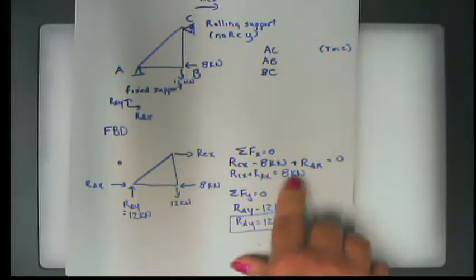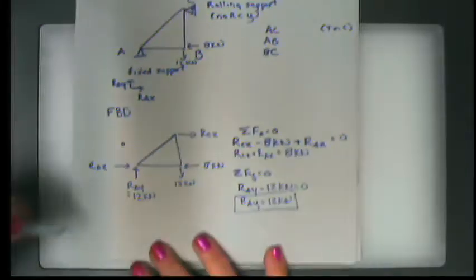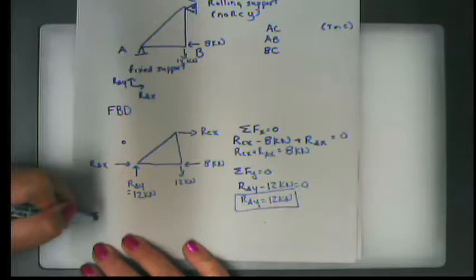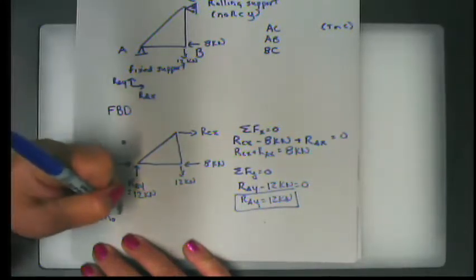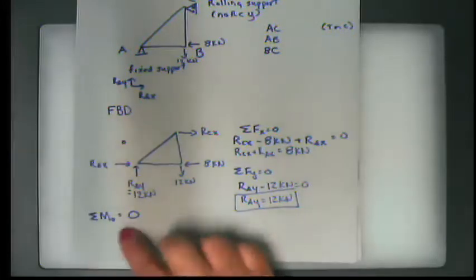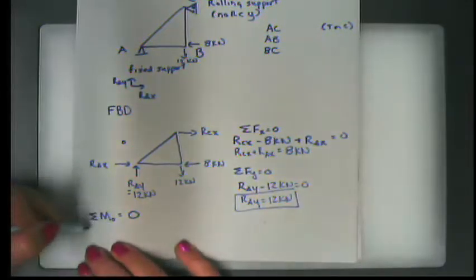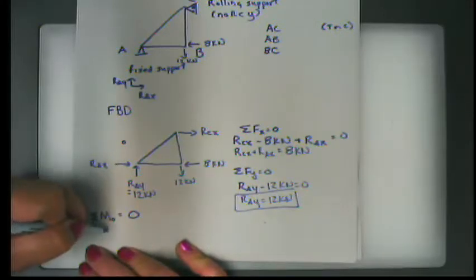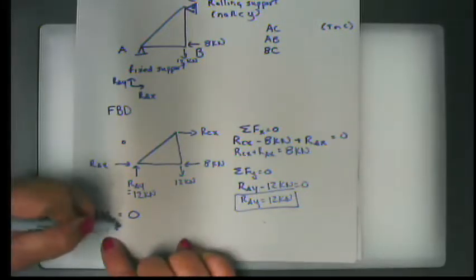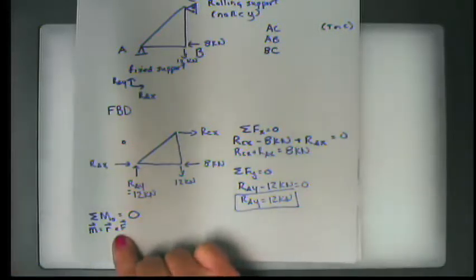I need another equation. The next equation of equilibrium is the summation of moments about any point if equilibrium is maintained. In other words, if it sits still, the moments about any point on this truss have to be equal to 0. Now, if you remember, a moment is a vector, and it is some r, or moment arm, crossed with some force.